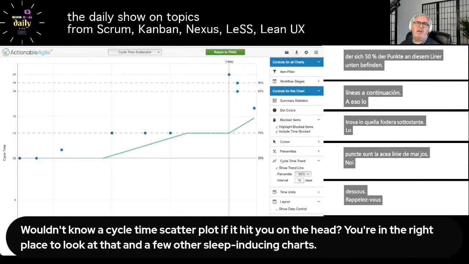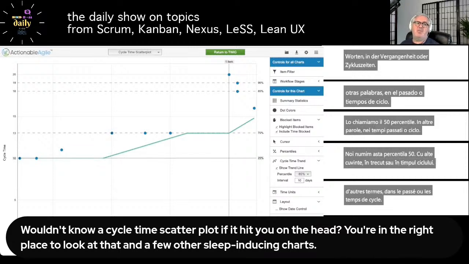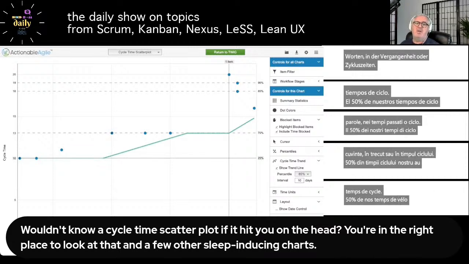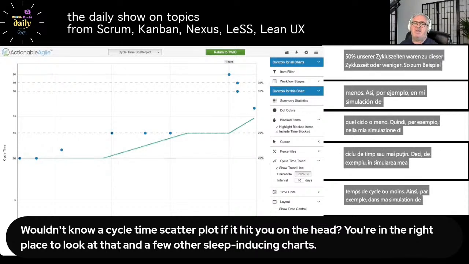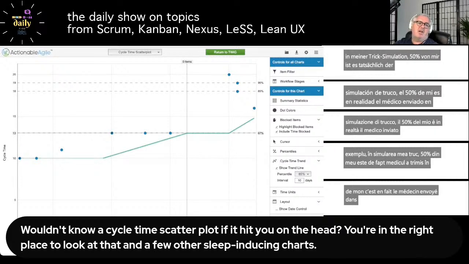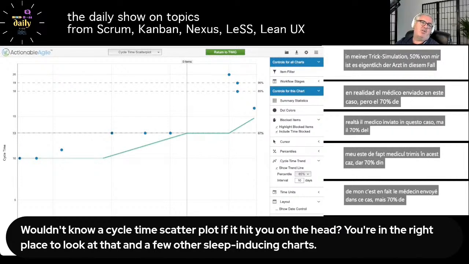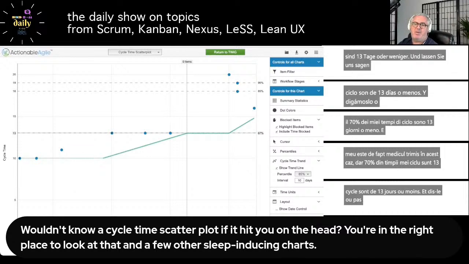In other words, in the past, 50% of our cycle times were at that cycle time or less. So, for example, in my twig simulation, 70% of my cycle times are 13 days or less. And let's say, I'm just making this up, 50% was a lower number than that.